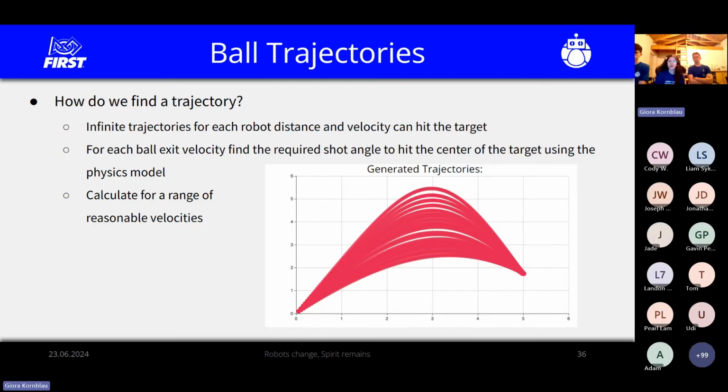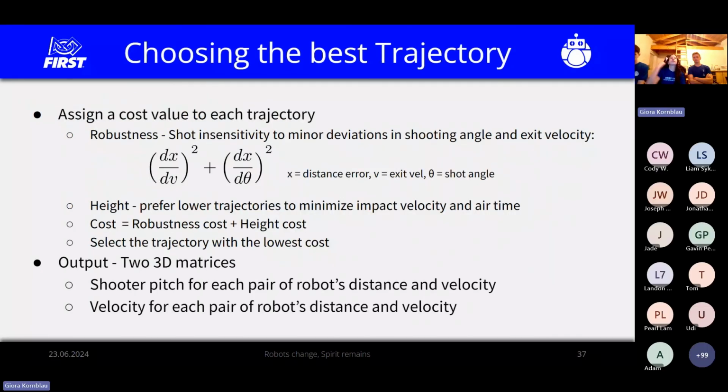So how do you do that? For choosing the best trajectory, we assign a cost value to each trajectory. We want to shoot the trajectory which has the most chance of getting in the target and also not bouncing out. So for each trajectory, we assign robustness, which is the insensitivity to minor deviations in our shooting angle, exit velocity, and all of the parameters that go into it.